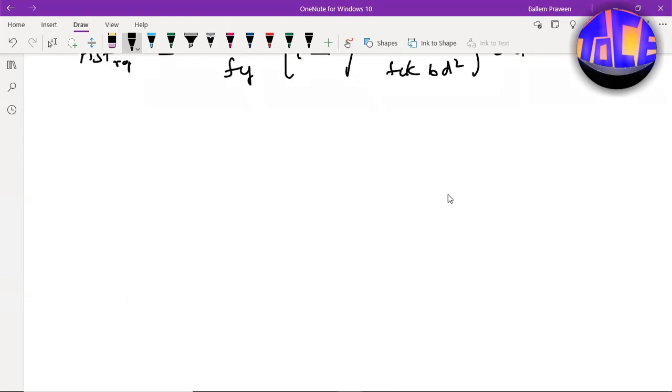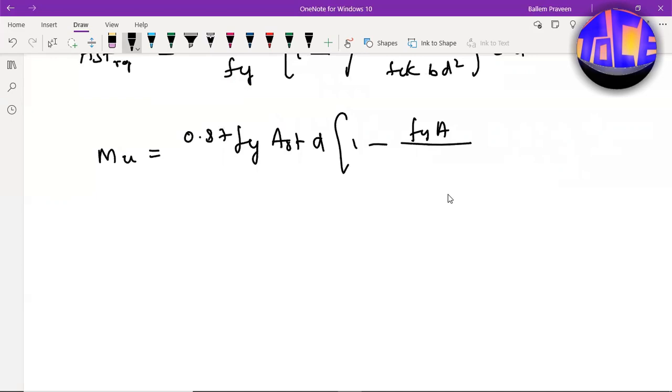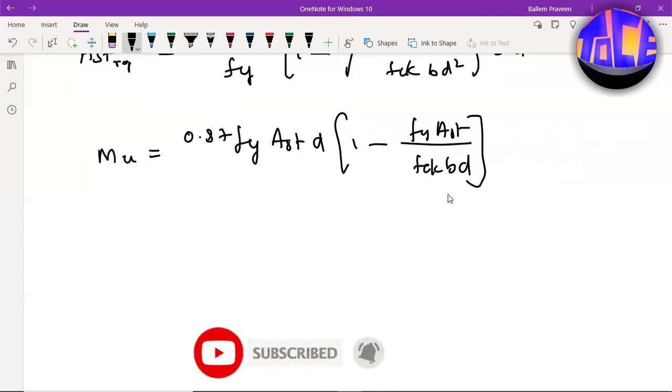Or else you can use another formula provided in IS 456 with respect to Mu: Mu is equal to 0.87 fy Ast d into 1 minus fy into Ast divided by fck bd. You can use this equation also to find out the Ast. Let us substitute all the values here.